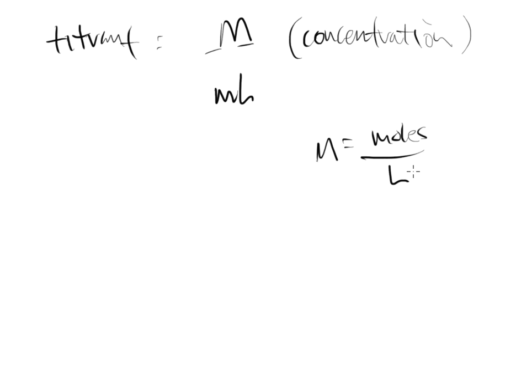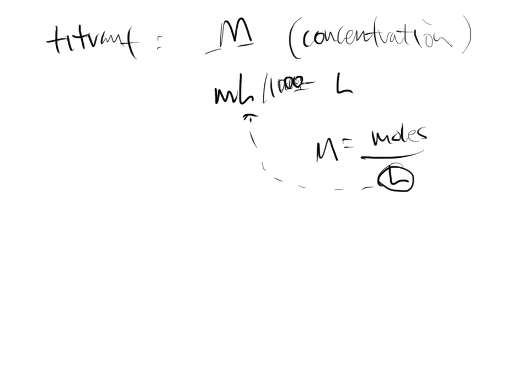So this molarity number, I know because it's printed on the bottle or it's been standardized. The number of liters is in reference to the number of milliliters that it took for the titration. I just need to take the milliliters and divide by 1,000, and that will give me liters.